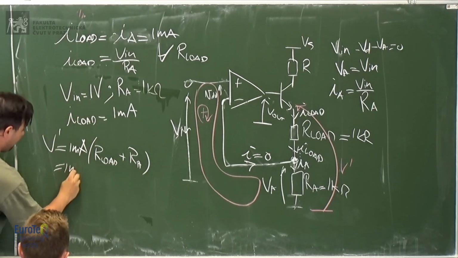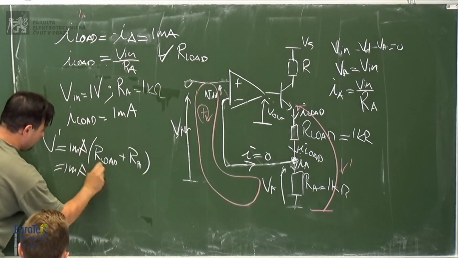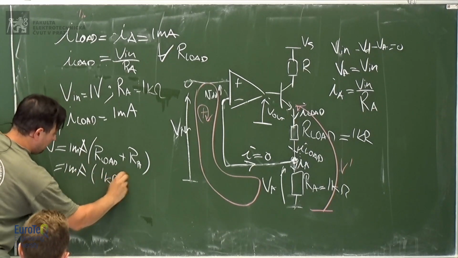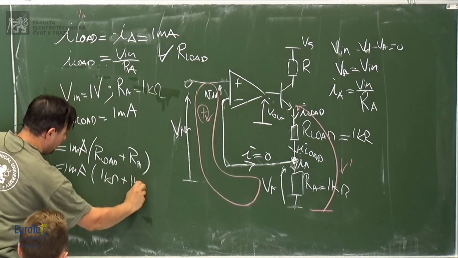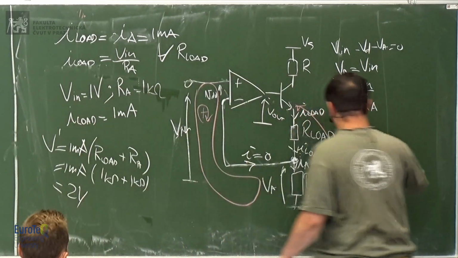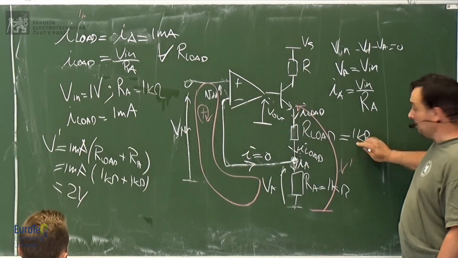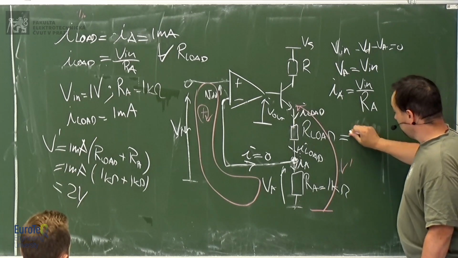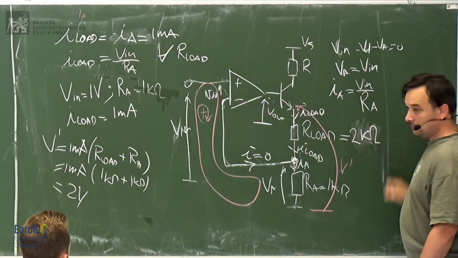So it will be 1 milliampere times 1 kilo ohm plus 1 kilo ohm. The voltage will rise. So it will be 2 kilo ohms times 1 milliampere, 2 volts, okay? What happens if instead of having a load of 1 kilo, you have 2 kilo ohms, okay?